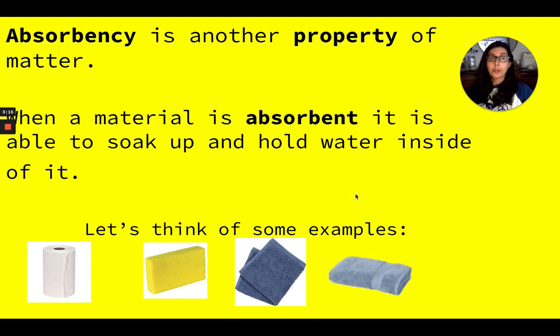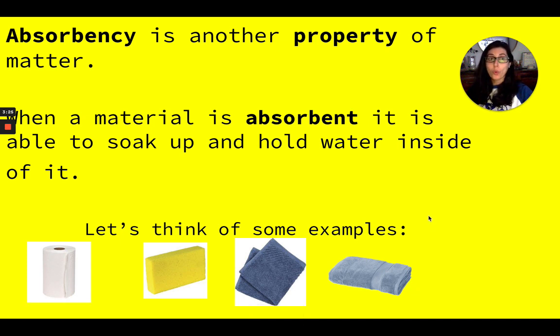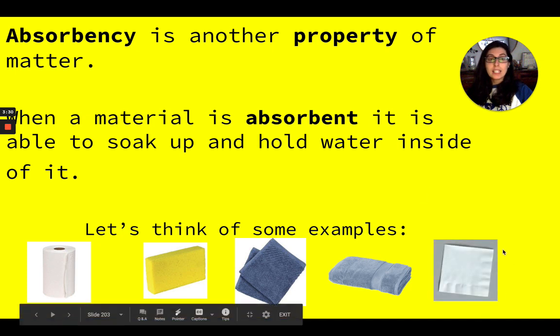And then after we wash our body or maybe our face with a washcloth, we might use a towel to dry ourselves because a towel absorbs liquid very well. And last but not least, a napkin. Yeah, a napkin absorbs liquid as well. Perhaps not as well as all of these other items, but it does absorb liquid too.